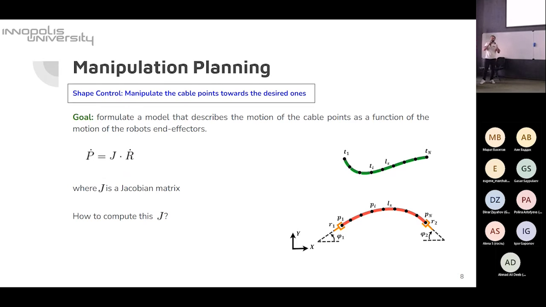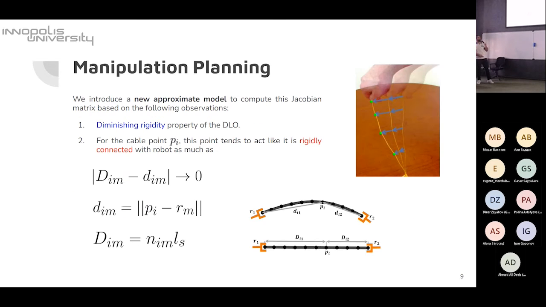In this case, we can redefine the shape control problem as manipulating the cable points towards the desired points, as we can see in this figure. In order to do that, we have to map the motion. We have to find a model that maps between the motion of the cable points and the robot end-effectors, which is the Jacobian matrix between the robot and the cable points.